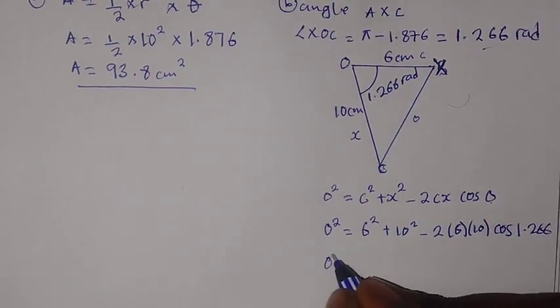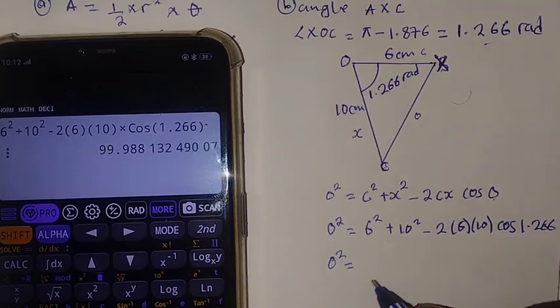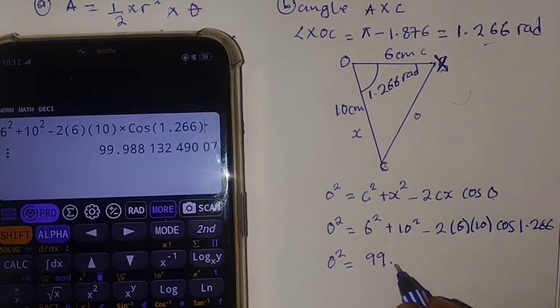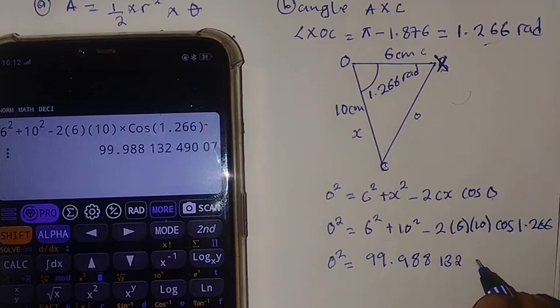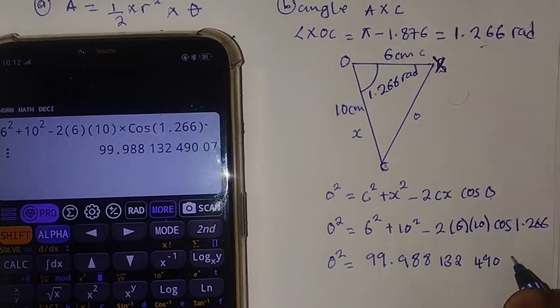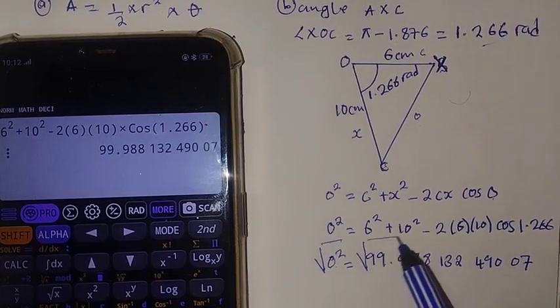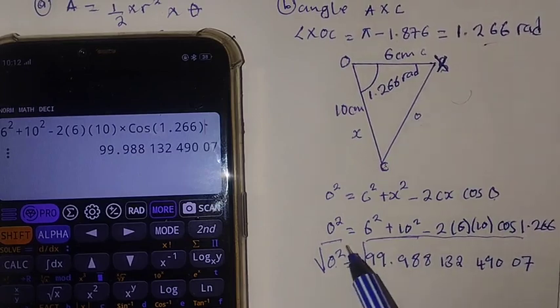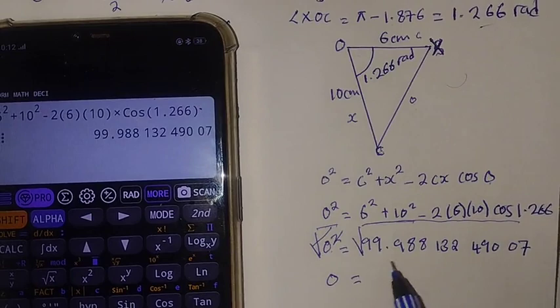From here, o squared is equal to, just punch these on the calculator and write the value here. All right, so this is what you get: 99.988132490 07. Remember, we are finding o, not o squared, so you need to introduce a square root, so that this and this cancel and we remain with o equal to the square root of this.